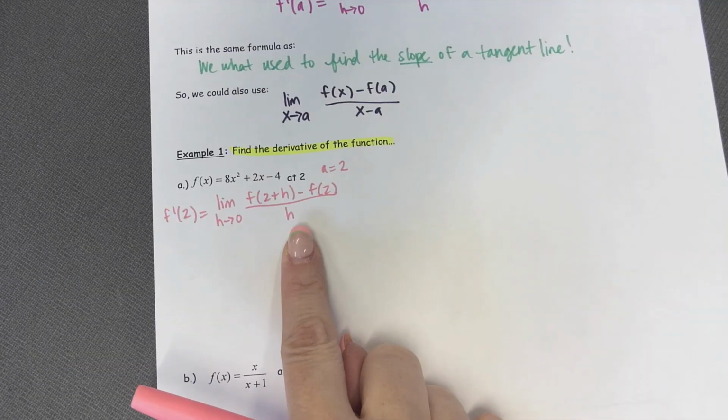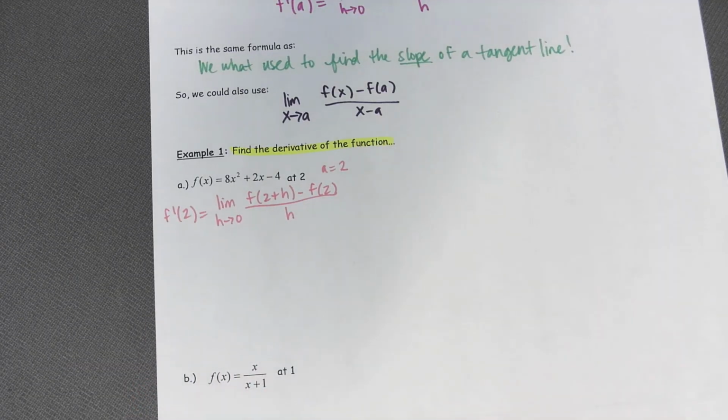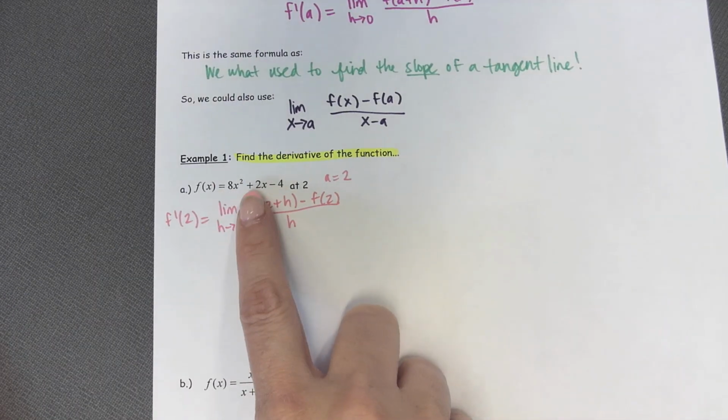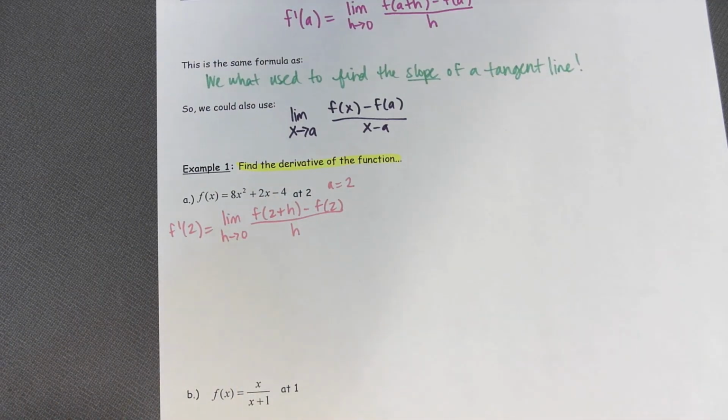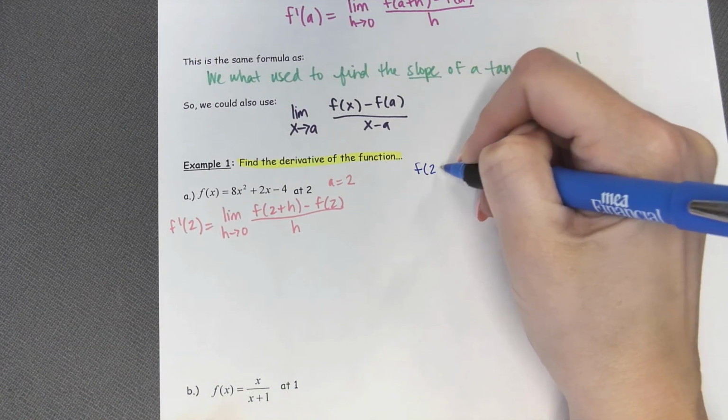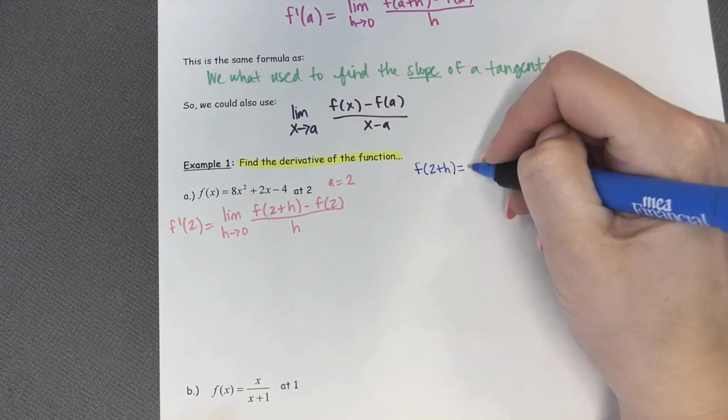Anywhere there's an a, I'm going to plug that in. What we did yesterday is if we had to find f of 2 plus h and there was a lot of algebraic work, we did that on the side so that when we plugged it in, it just looked a little bit cleaner. You are welcome to do that today as well. So we're going to do f of 2 plus h.